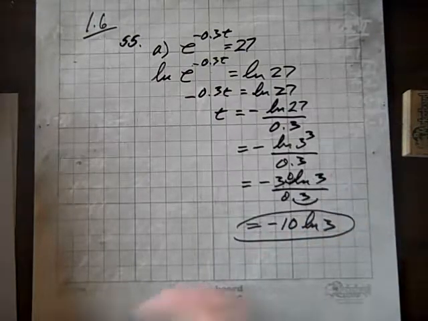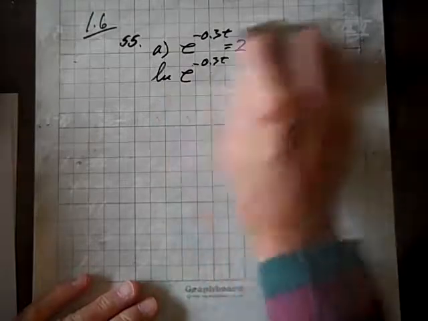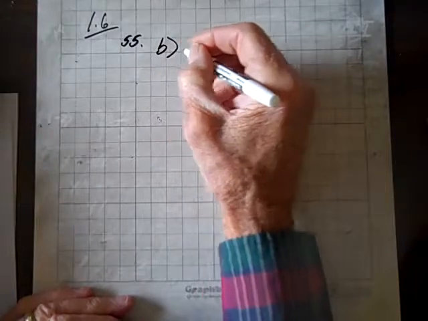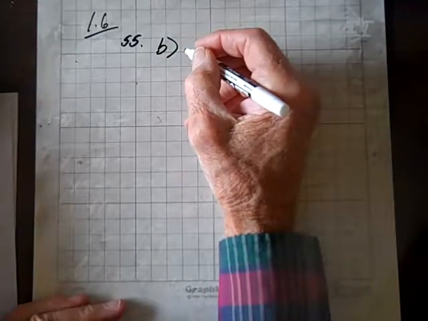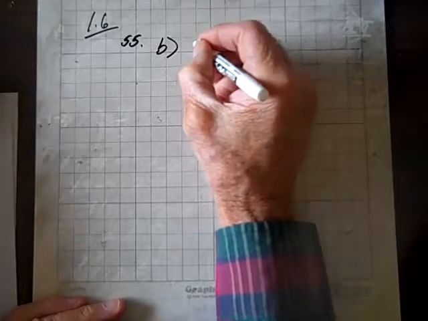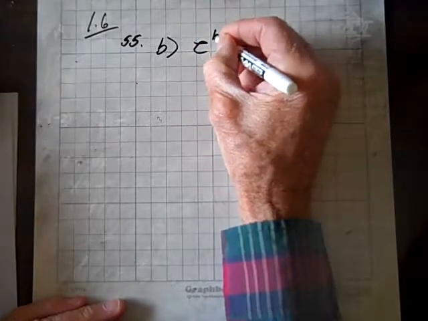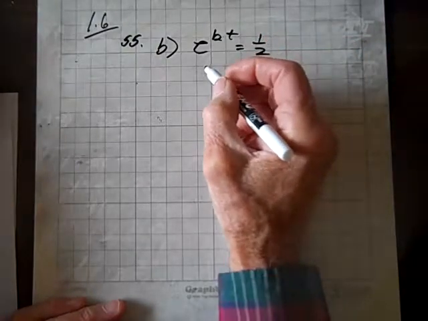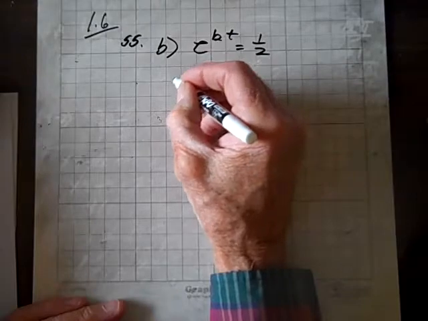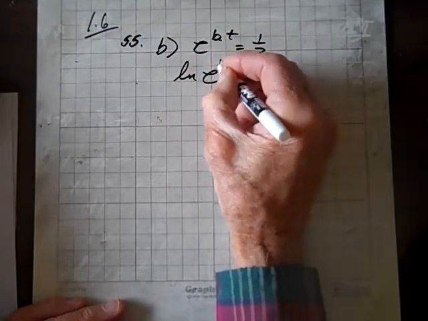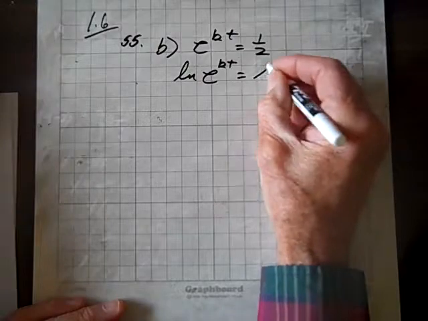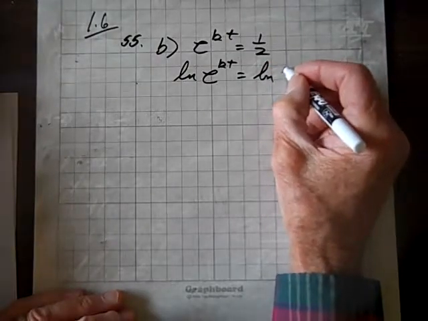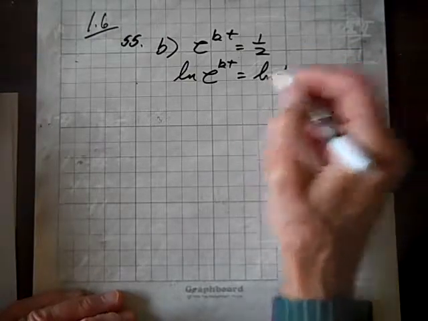So now let's go on to B and see what they give us. And B is e to the kt equals 1/2. So we'll take the natural log of both sides. So we have ln of e to the kt equals ln of 1 over 2.